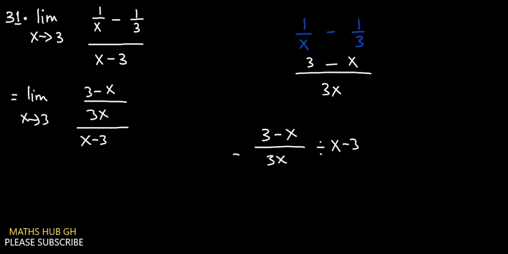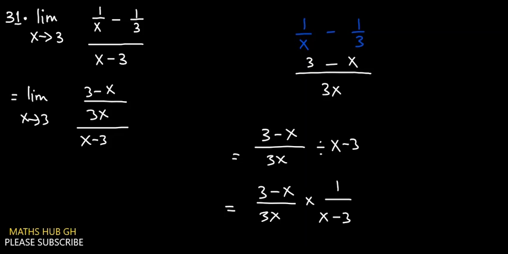Then this will be equal to 3 minus x divided by 3x times 1 over x minus 3. This is what you are going to have. You will see that 3 minus x can cancel out x minus 3.